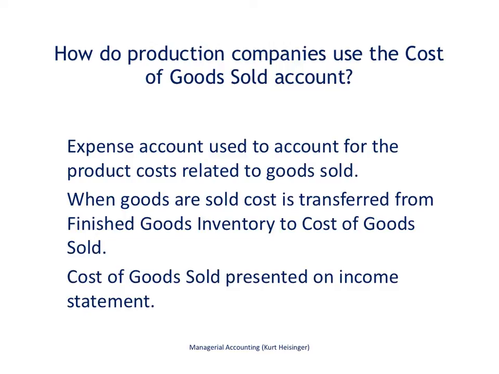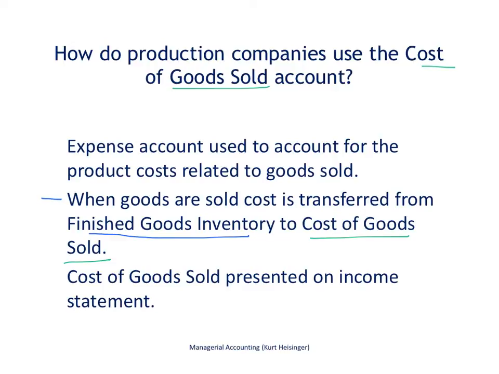In a manufacturing setting, once we sell our products, the cost associated with those products, the product costs, direct materials, direct labor, and manufacturing overhead, are transferred from finished goods inventory to cost of goods sold. So the focus of this slide is the cost of goods sold account.